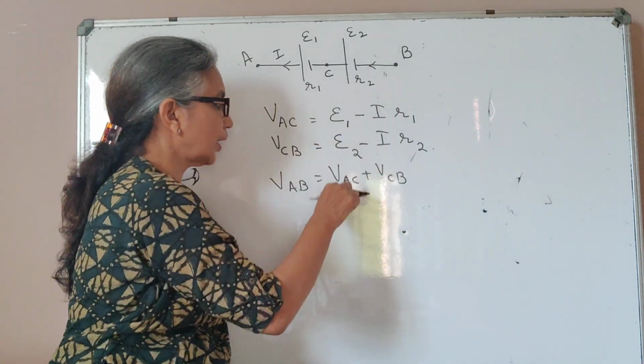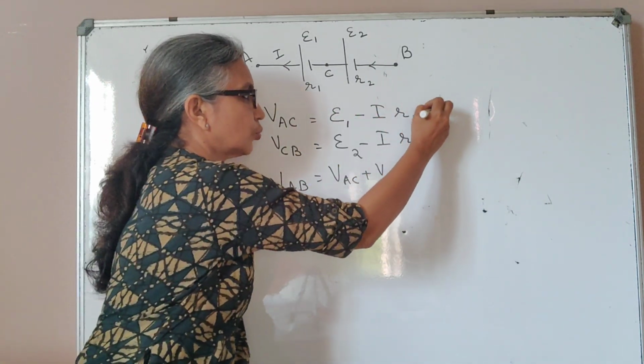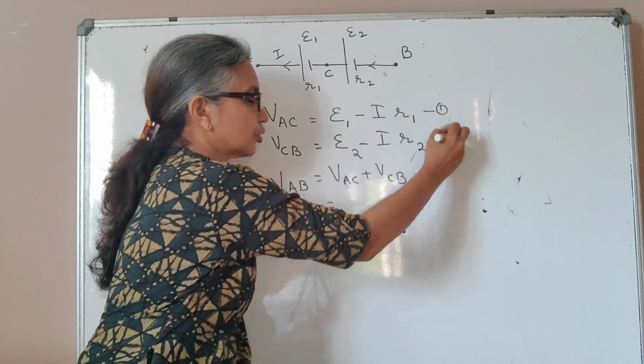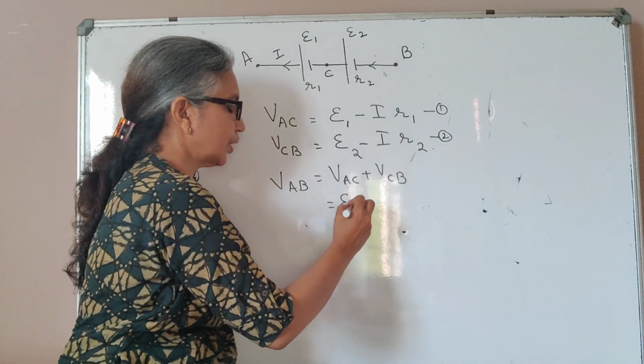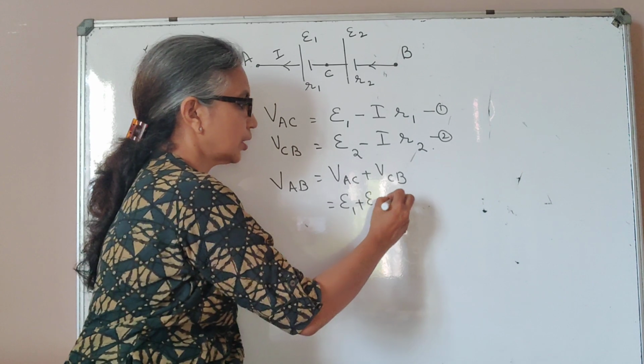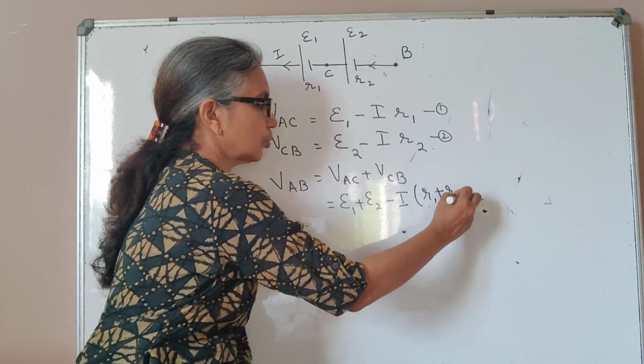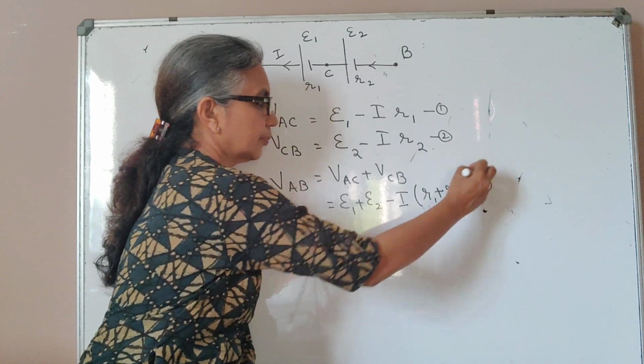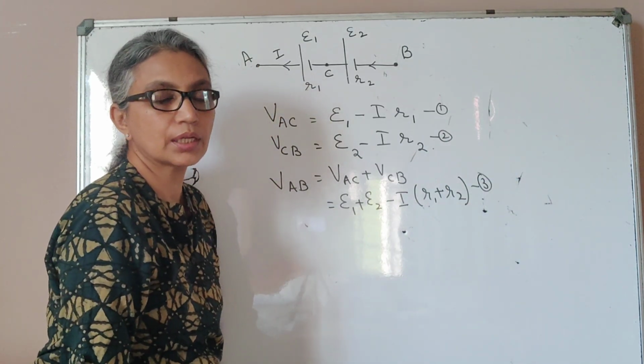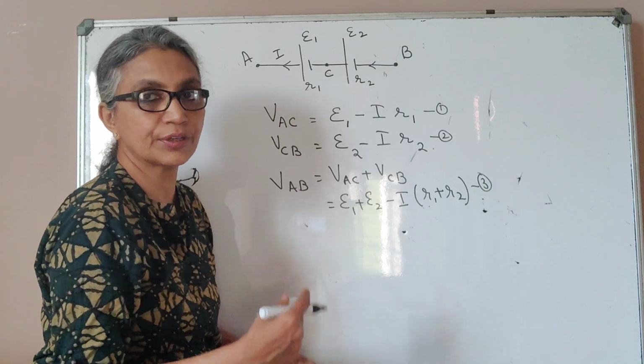So that means I'm going to add equation 1 and equation 2, so that now I have E1 plus E2 minus I, taking the I common outside, R1 plus R2, which is my equation 3.